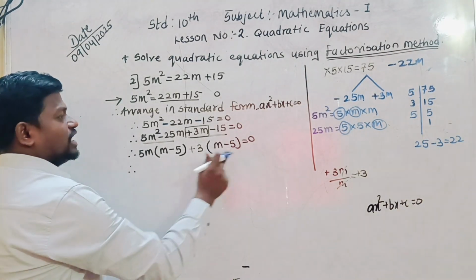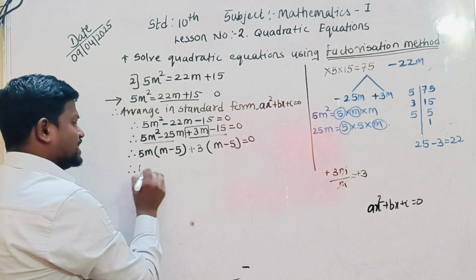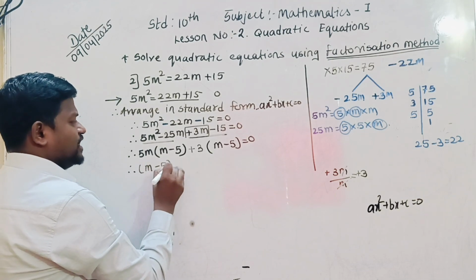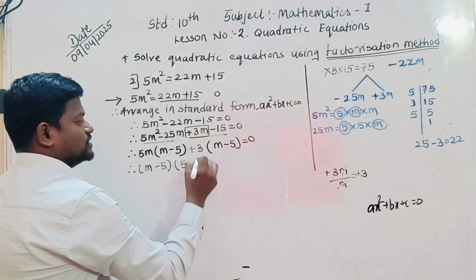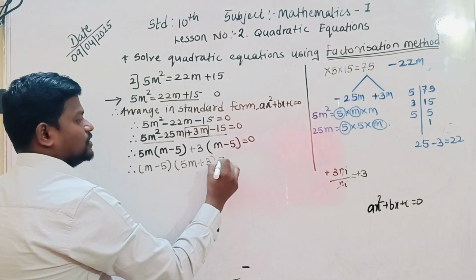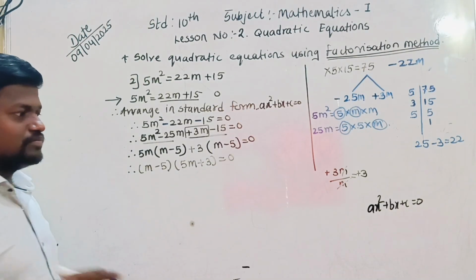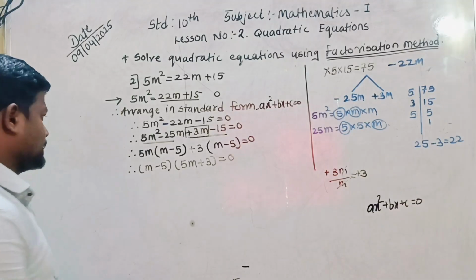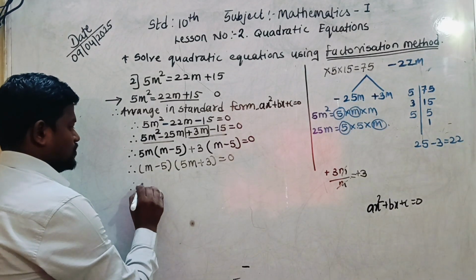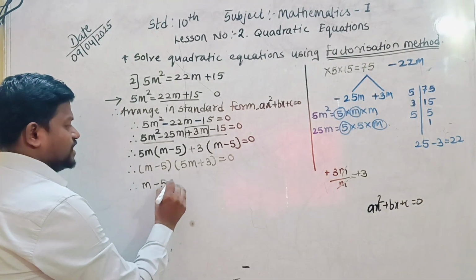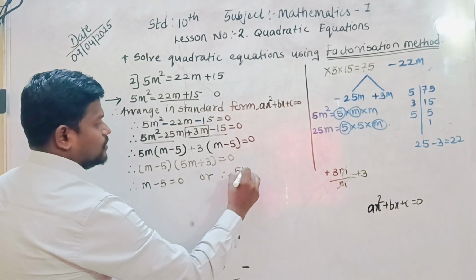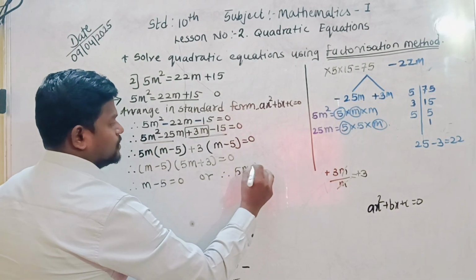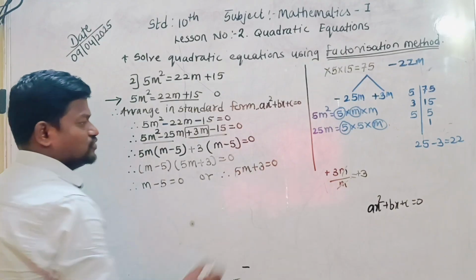Now write down the common bracket, that is m minus 5, and the new bracket is 5m plus 3 equal to 0. Right? Then m minus 5 equal to 0 or 5m plus 3 equal to 0.